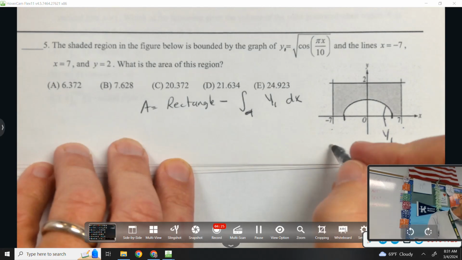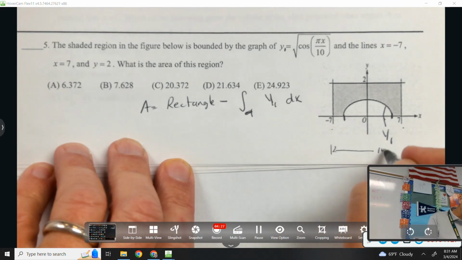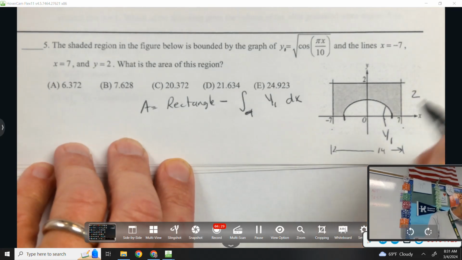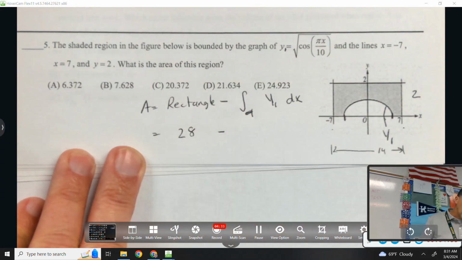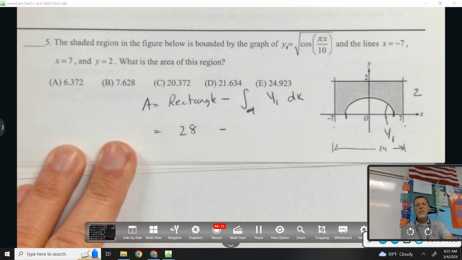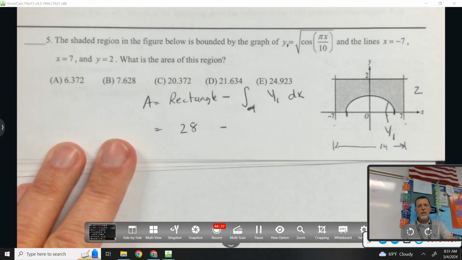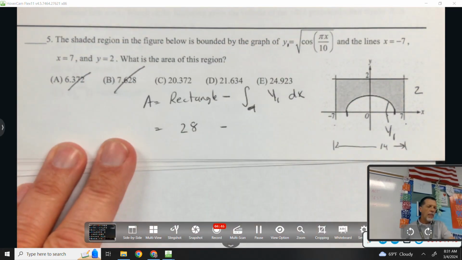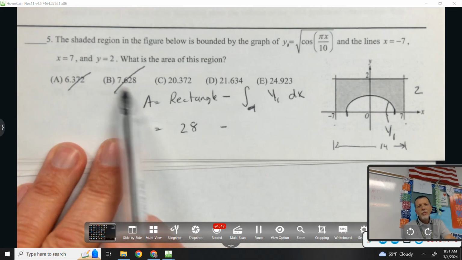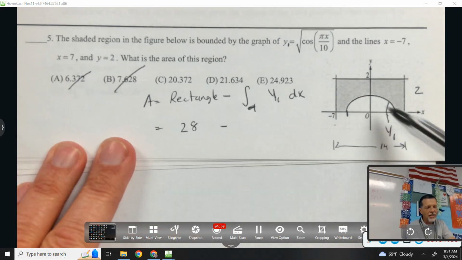The rectangle's easy because that's 14 by 2. So it's 28 minus something. And just looking at my answer choices, I'm pretty sure it's not A or B. My guess is A or B. One of those is probably the area under the cosine thing.